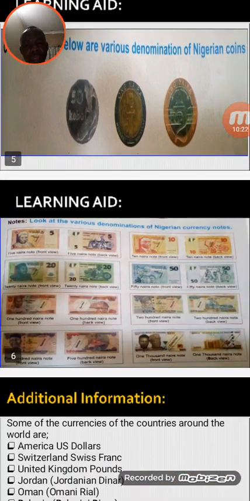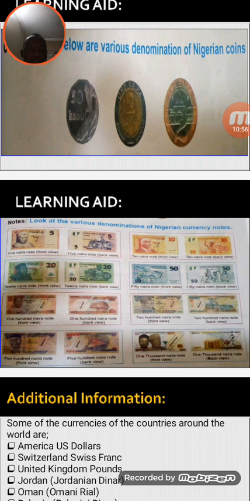The other learning aid is talking about notes now. Look at the various denominations of Nigerian currency notes. The first one, 5 naira. So you can see the front and the back, followed by, towards my right now, 10 naira. Towards the left now, 20 naira, the front and the back.